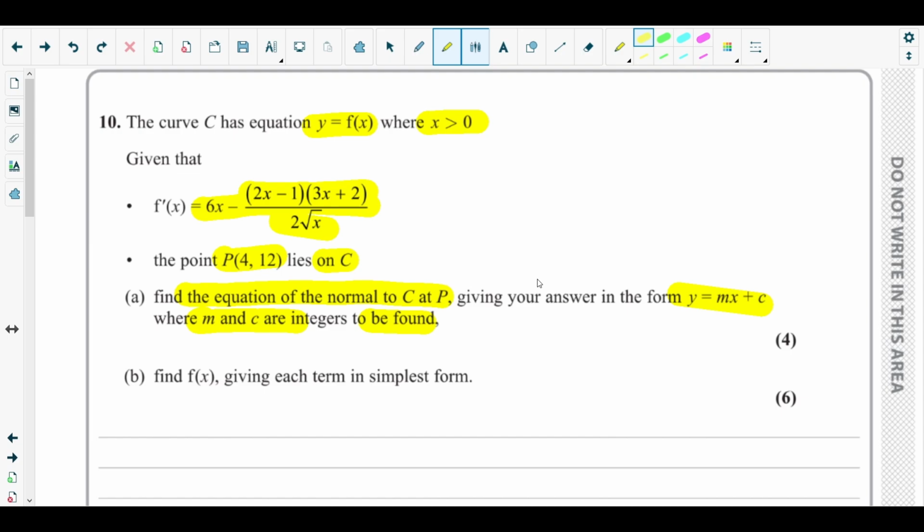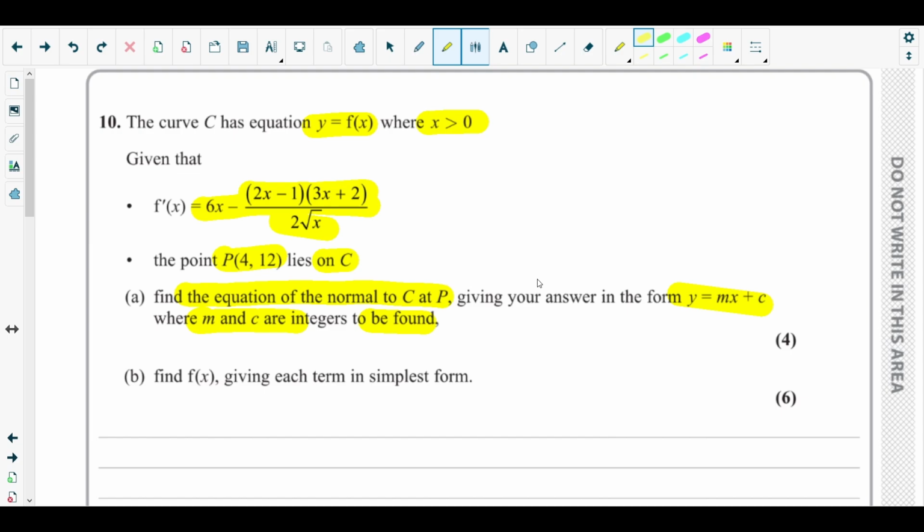We already know the coordinates of point P, which lies on the normal, since the normal is at P. So what remains is the gradient of the normal. We know that the normal is perpendicular to the tangent, so if we find the gradient of the tangent, then we can take the negative reciprocal to get the gradient of the normal, since it's perpendicular.